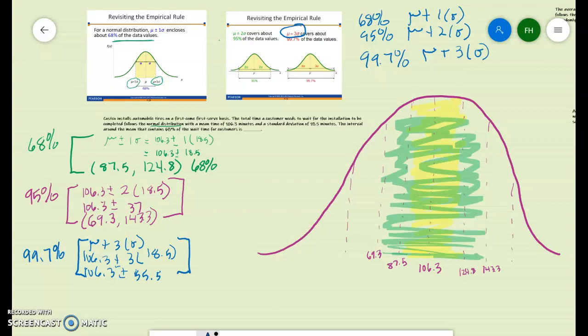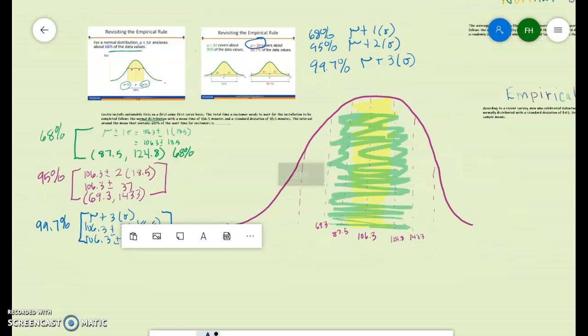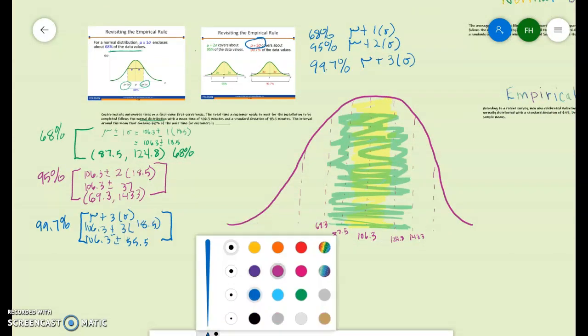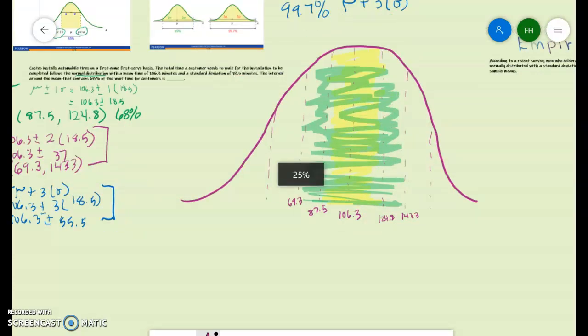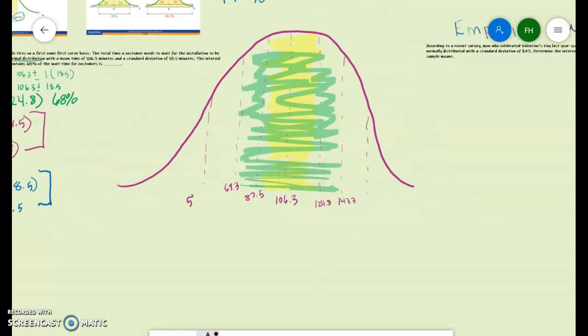I'm checking it just to make sure. Okay, so when you calculate that, your interval is going to be 50.8 and 161.8.